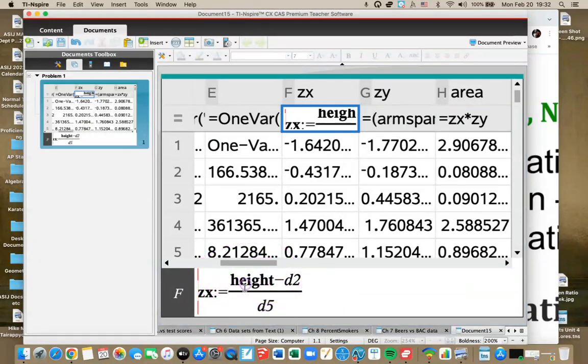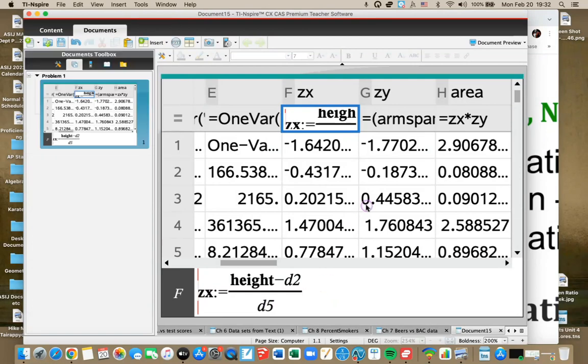I just type in the word height because that's what I named my column list. And then minus, I use the cell number, but you can type in the number of the mean. It's going to be more accurate if you use a cell. So I use D2. Yours might be a different cell, wherever your mean is for the height. And then I divide it by D5, which is where my standard deviation is for the height.